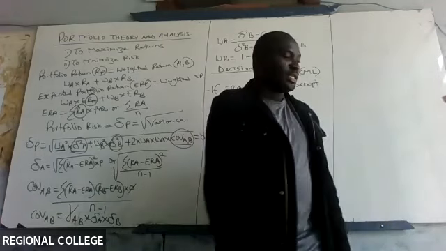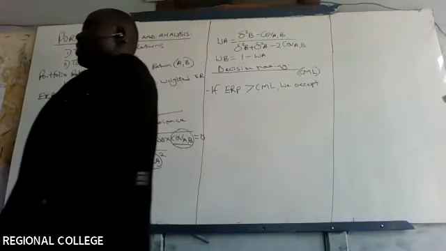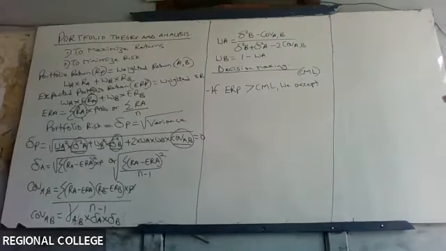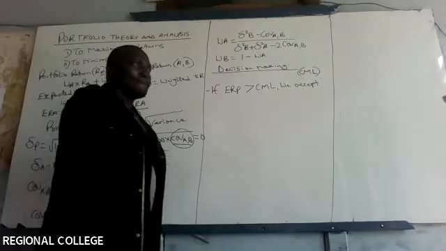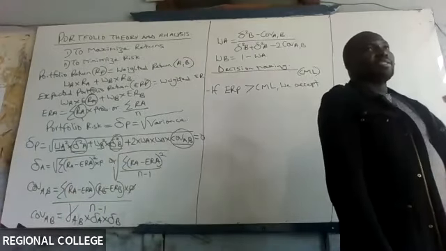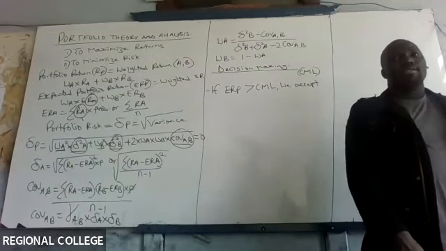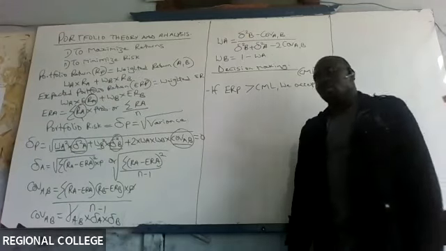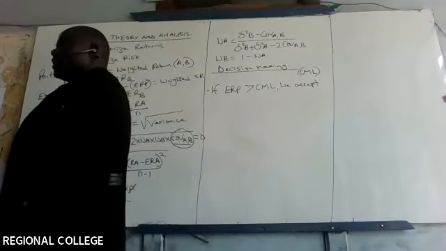The next point, if ERP is less than CML, we reject, since it is overvalued, stroke inferior, stroke inefficient.